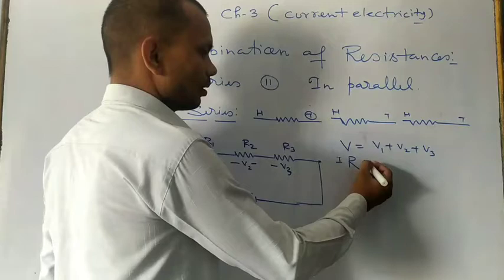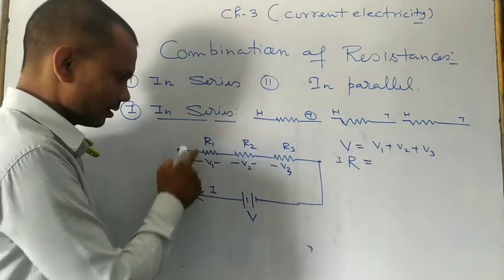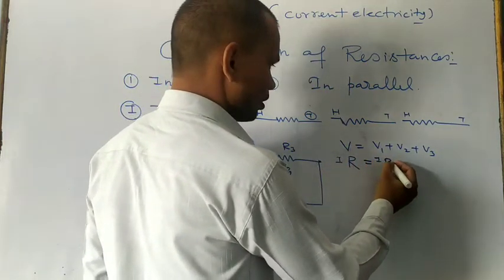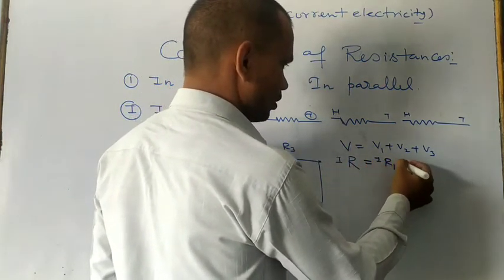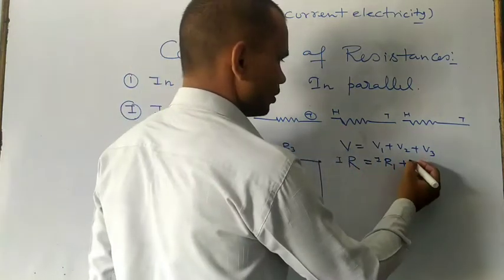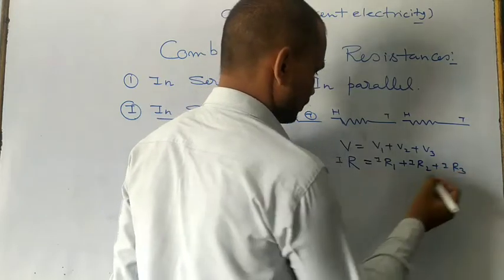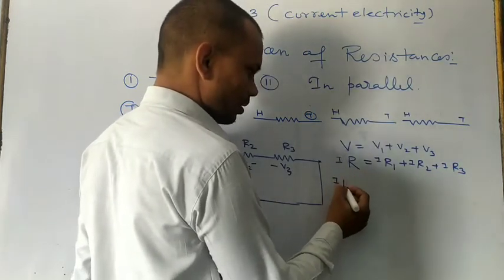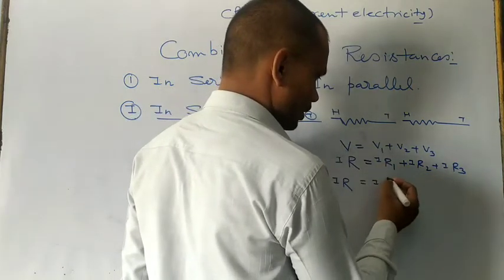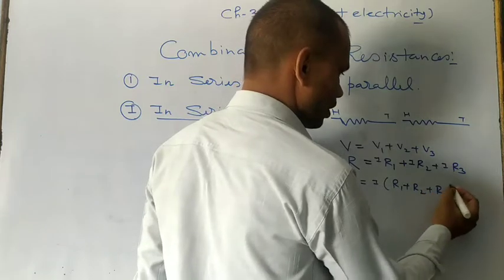And V1 we can say is the current I times the resistance R1, so V1 is I R1, plus for this one current I and resistance R2, so I R2, similarly I R3. So I R is equal to, taking I out, I times (R1 plus R2 plus R3), right?